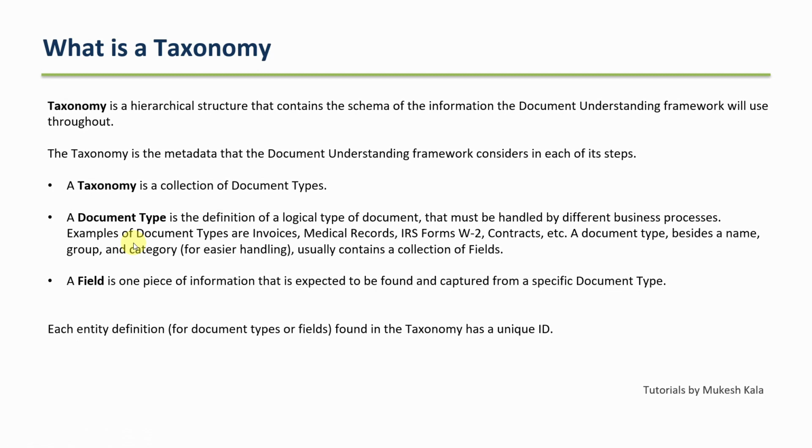So finally, if you see this complete slide, we as developers are interested in something called a field. But where is the field? The field is the information I want to extract. The field is a part of the document, and the document is a part of the taxonomy, right? So for a developer, it is important that we extract this information, which is called the field.